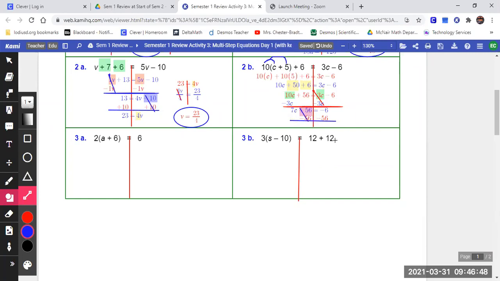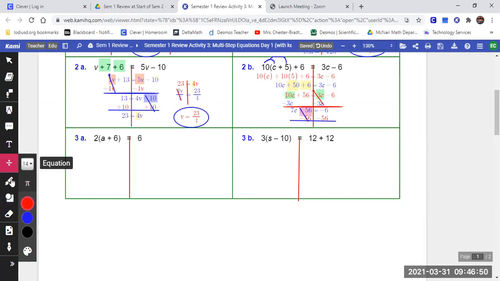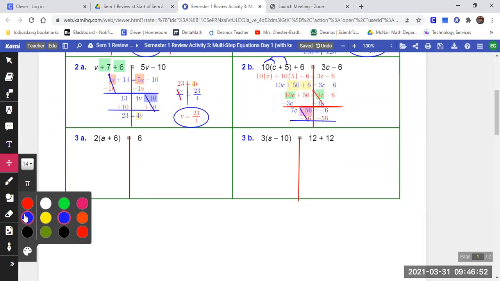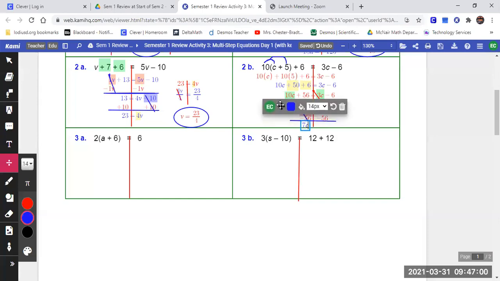What is left on the left-hand side? 7C. Exactly, because the 56 is canceled out. And that 7C has to be equal to. Now, on the right-hand side, I have 2 numbers. Are they both the same sign, or is there one positive and one negative? Same sign.